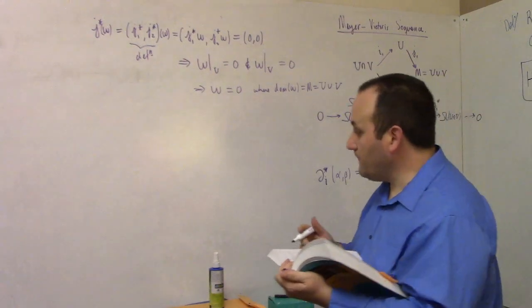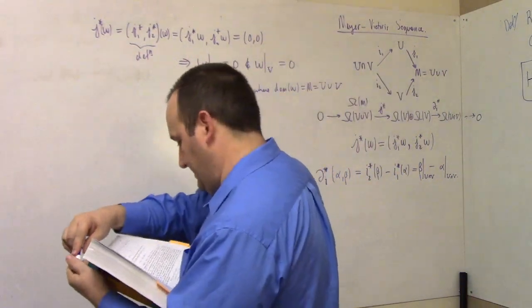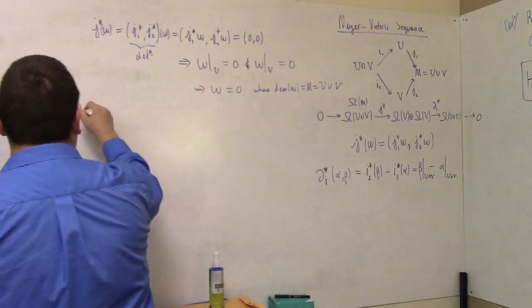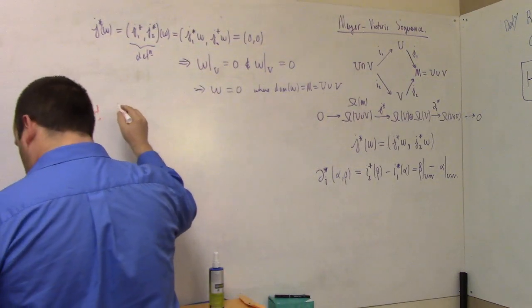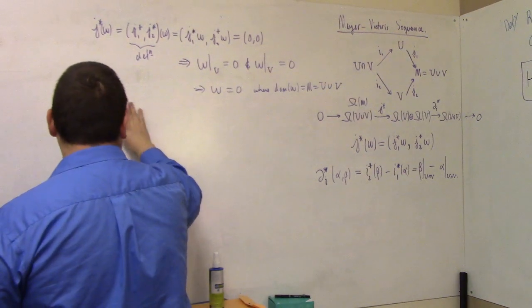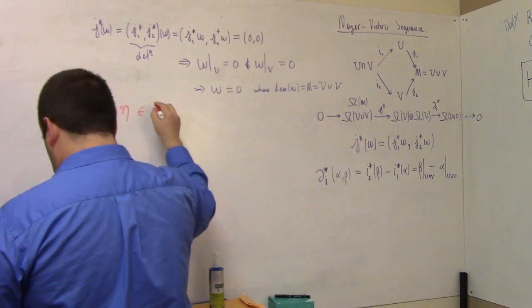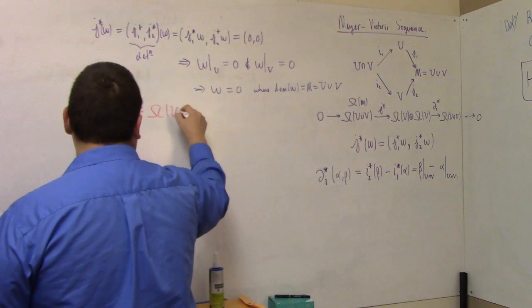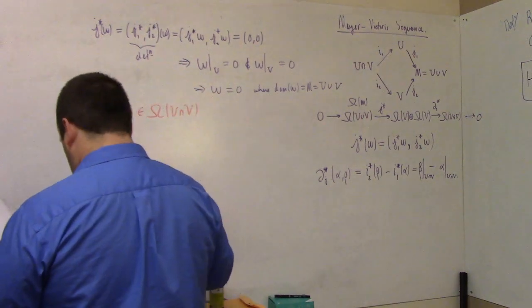Next. What's next? We take eta, an element of omega of the intersection of U and V, right?